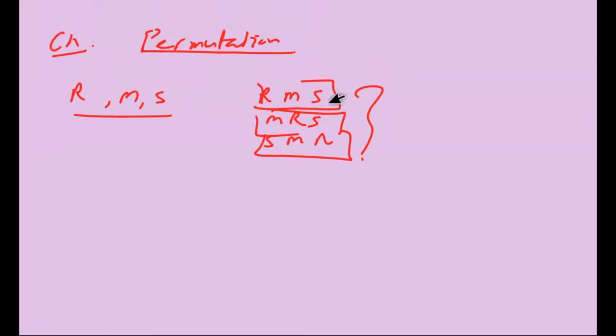The number of lines, if you count it, is the number of ways they can stand in a line, and that is also known as the permutation. Permutation means the number of ways in a line.